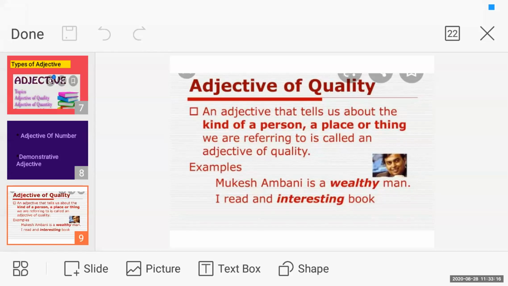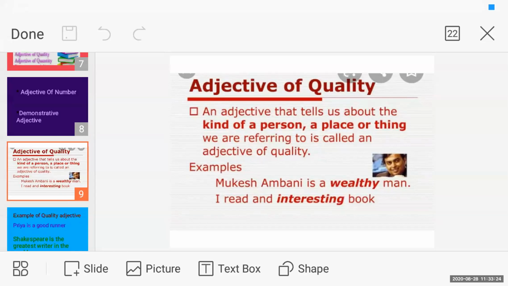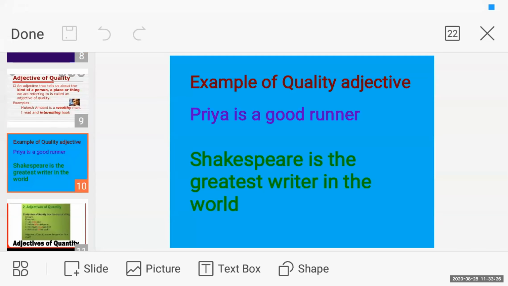So they are describing the quality of that book. This kind of word comes under the adjective of quality. Here we have some more examples. Priya is a good runner. How was Priya? She is a good runner. So here good shows her quality.